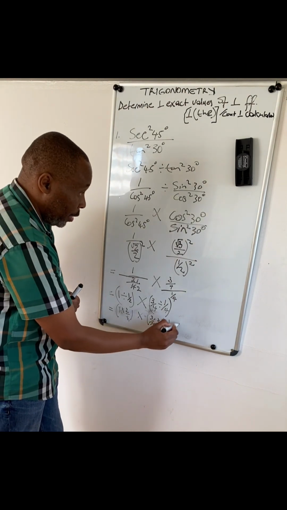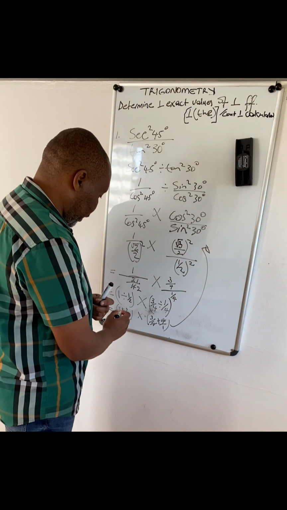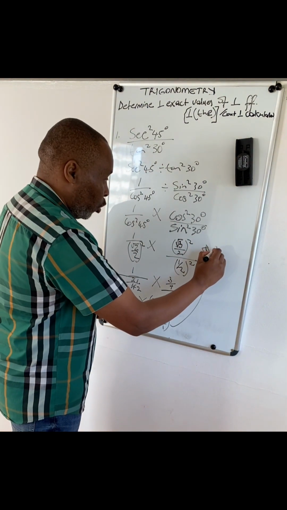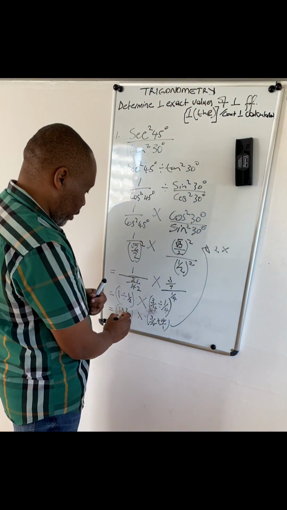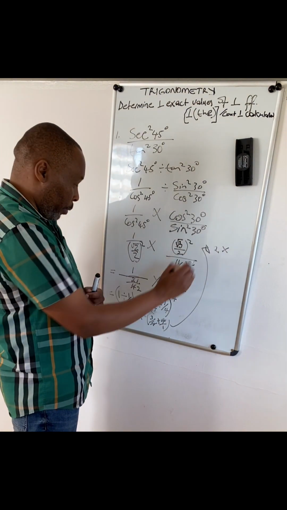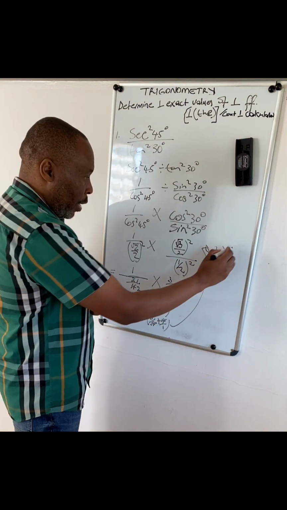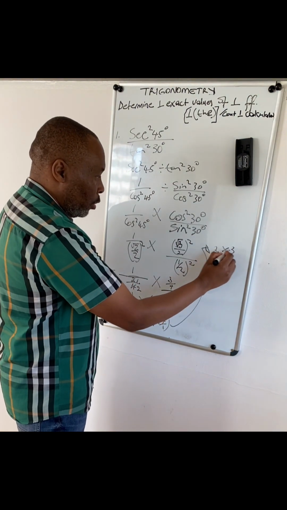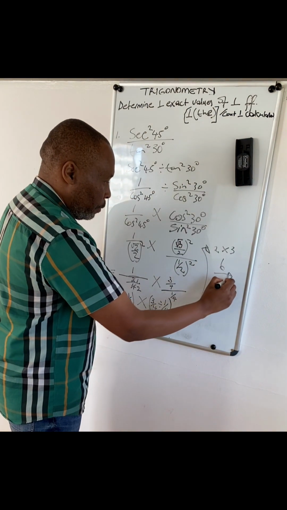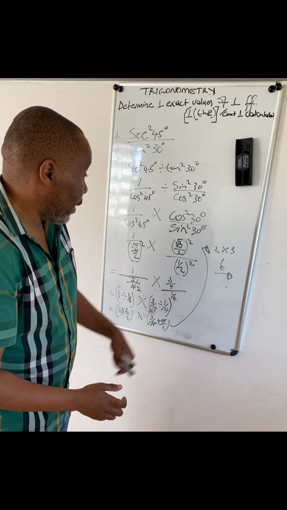So I've got 2 now multiplied. Here is a 2. I just took out the brackets, but I took the 2 and placed it there, multiplied by this, cancelled with this, 3 over 1, which is as good as 3, and 2 times 3 is 6. And this is how it's done.